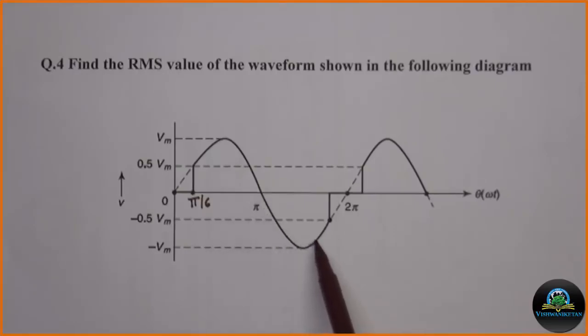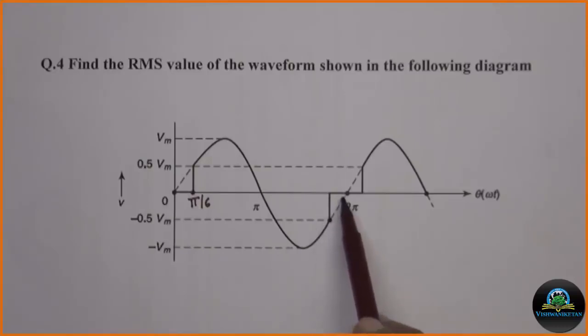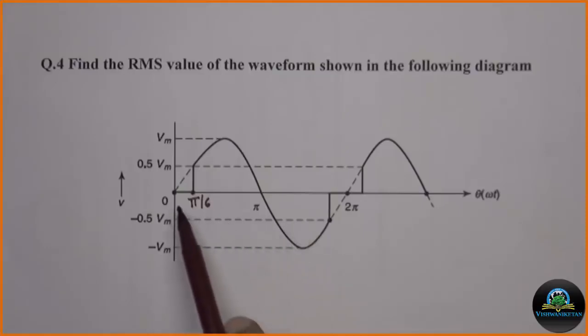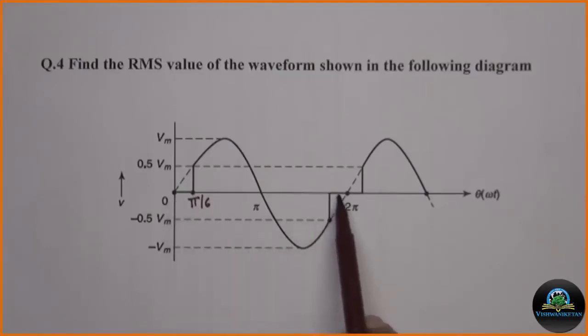Again, in the negative half, before 2 pi, it becomes 0 and further continues up till, in both positive and negative halves, for some interval the waveform is becoming 0.